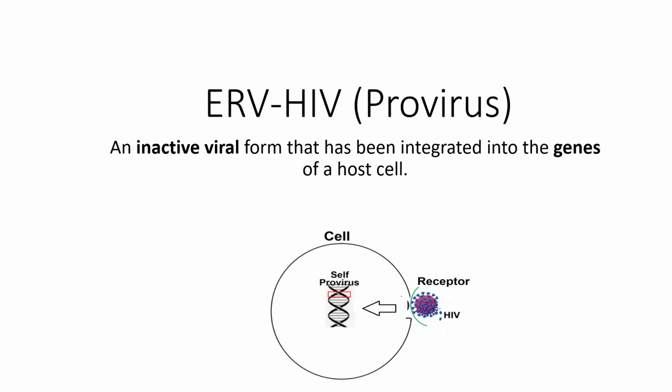ERV HIV, which is the provirus, is an inactive viral form that has been integrated into the genes of a host cell. So here you have the HIV, which is attached to a receptor, and the endogenous retrovirus is part of the DNA.